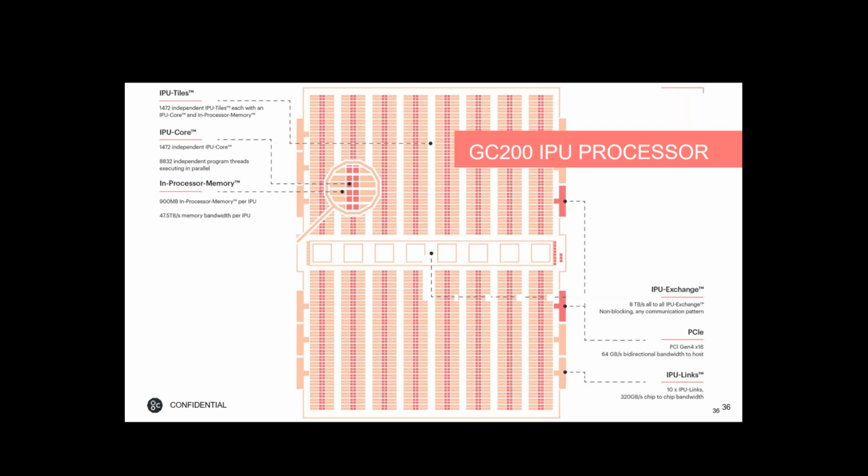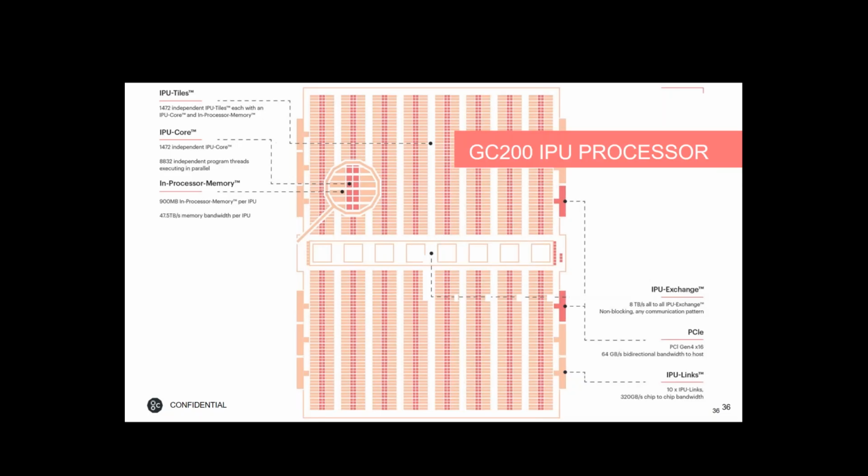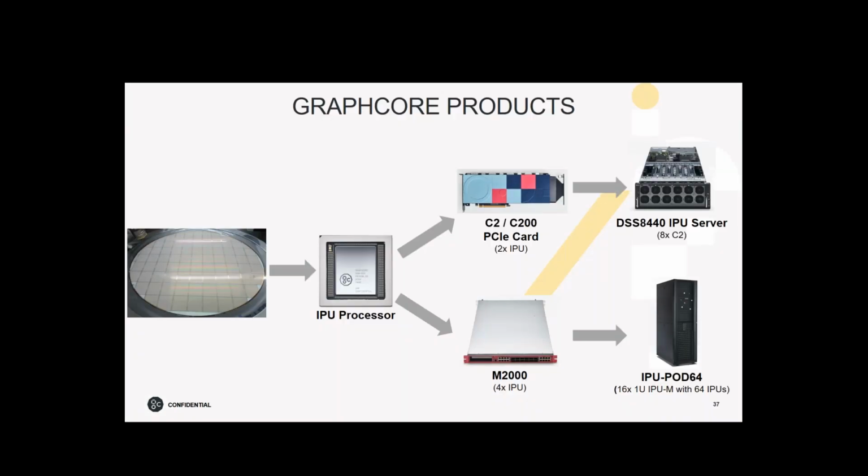We've got an exchange fabric within the die, so once the processing task is completed by one core, we can pass it to any other core within the die. And we've got standard PCIe interfaces to talk to the host computer, and we've got IPU links as well that allow us to hook different numbers of our chips together. So depending on the model size, you might use more than one of our die. And that's nicely teeing up where you were going next, Jason.